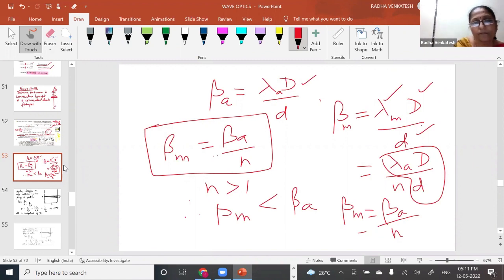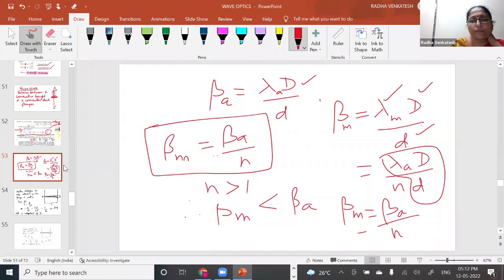And what decides the fringe width? This formula. So the fringe width in a medium is 1 by n times the fringe width in air. And beta_m will always be less than beta_a because n is always greater than 1, because the refractive index of any medium other than air is more than 1.